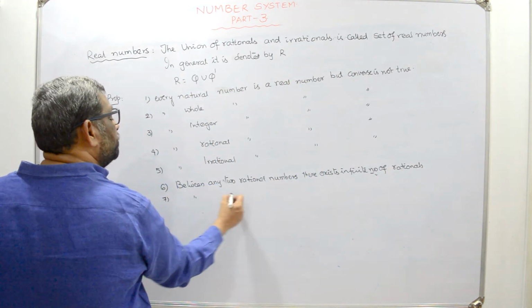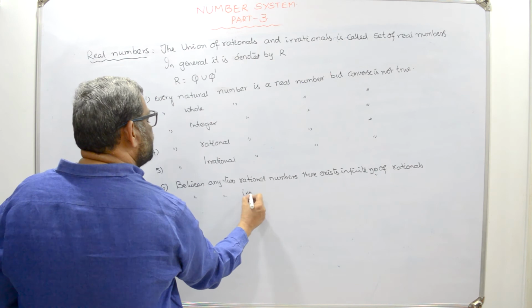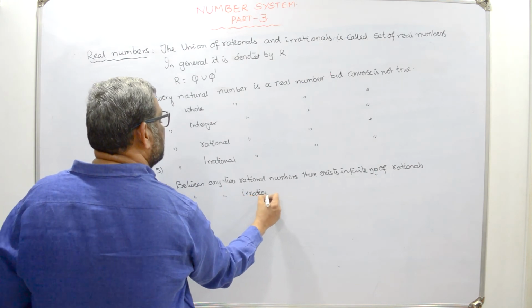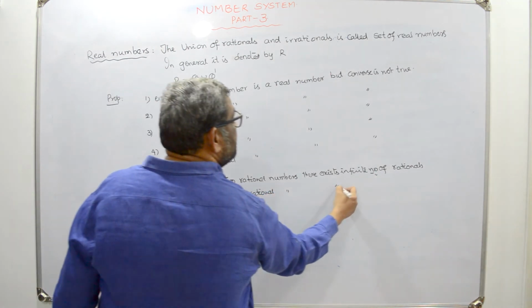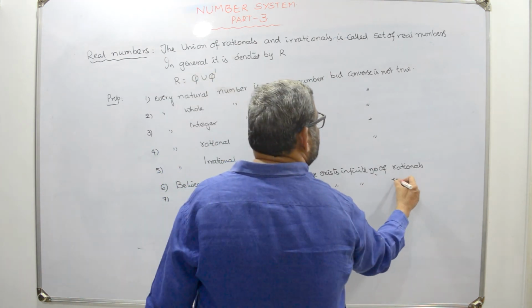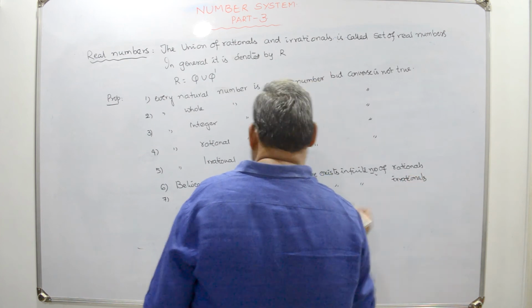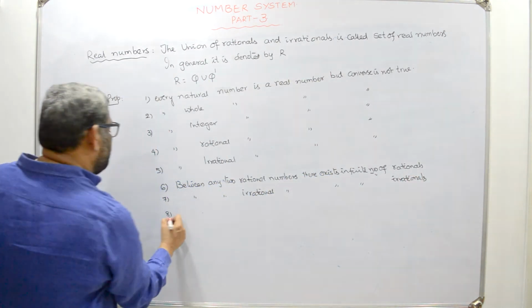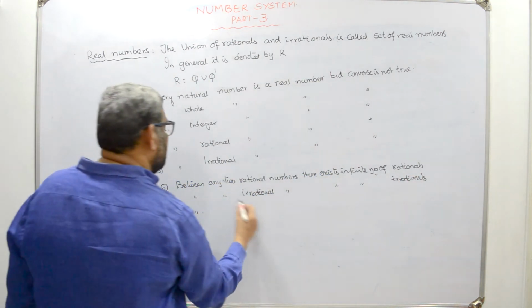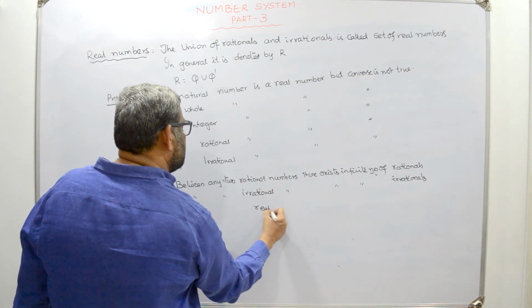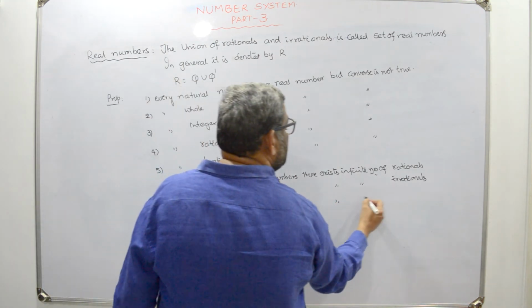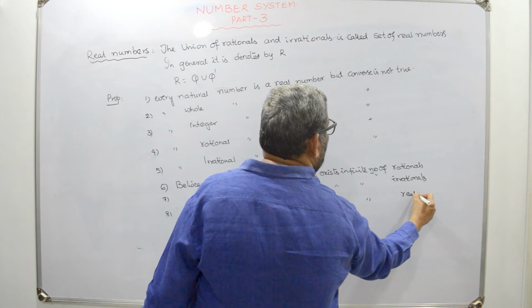Between any two irrational numbers, there exists an infinite number of irrationals. Between any two real numbers, there exists an infinite number of real numbers.